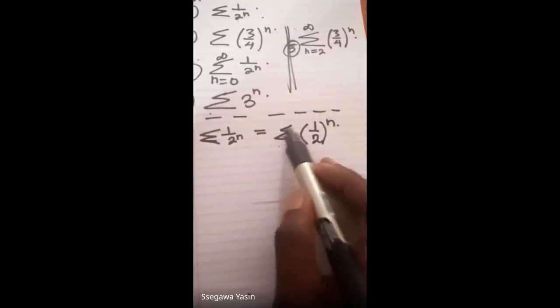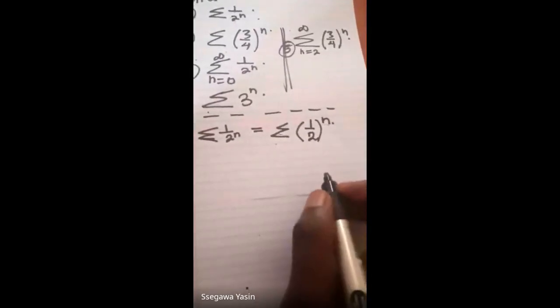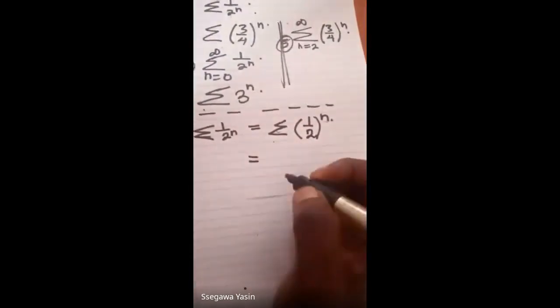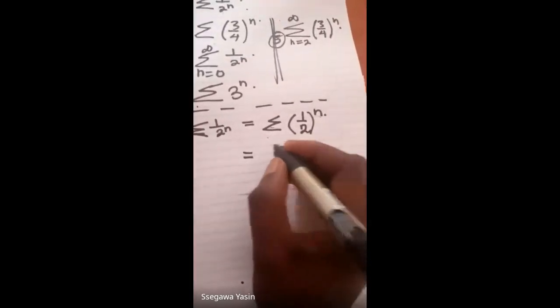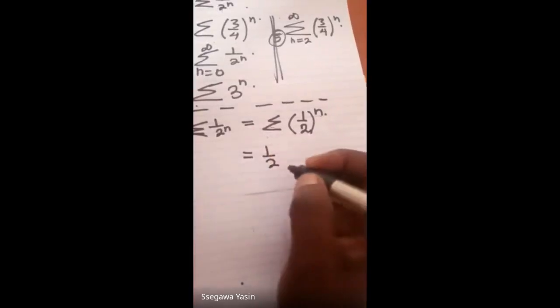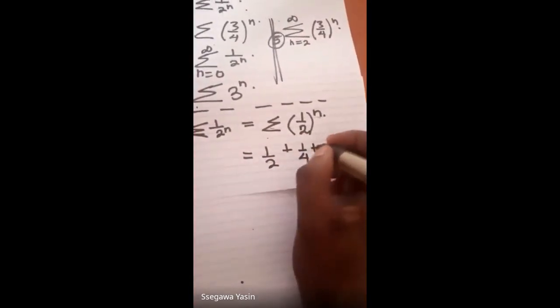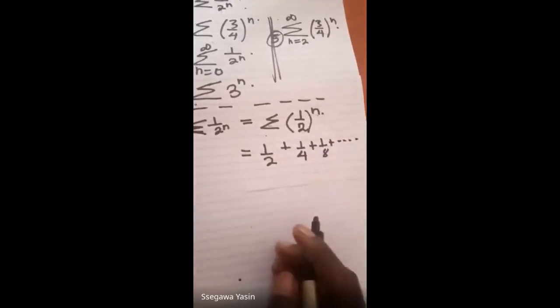If they keep quiet about it, then n starts from 1. When we substitute in the first one, we shall start with a half, then a quarter, then 1 over 8, plus other terms.